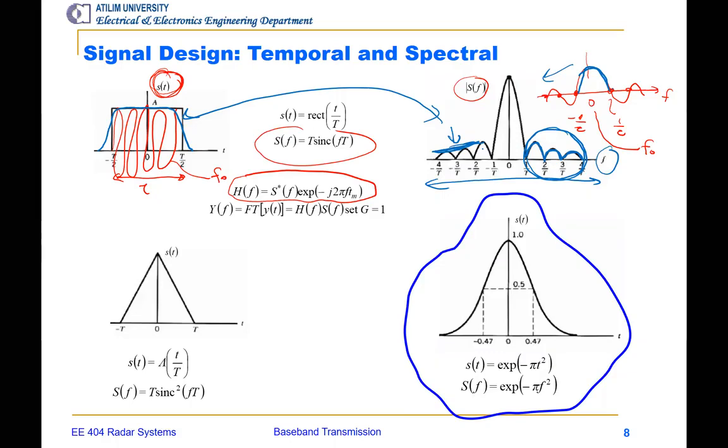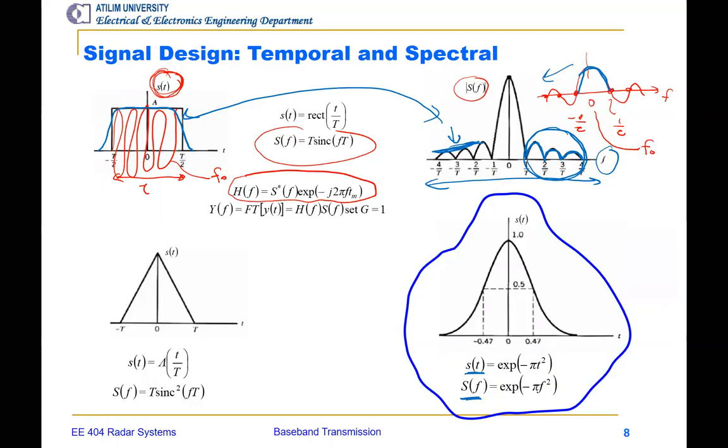Another way is to use a waveform whose spectrum is limited, or whose spectrum can cover a very limited frequency band, and its side lobes are quite low or can be ignored.